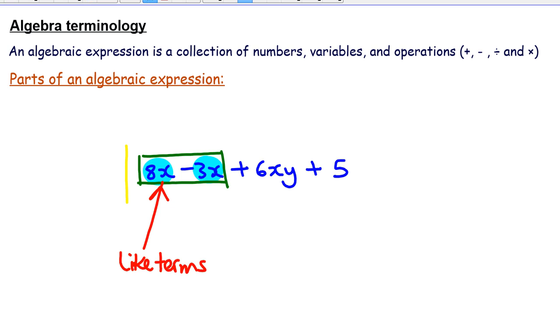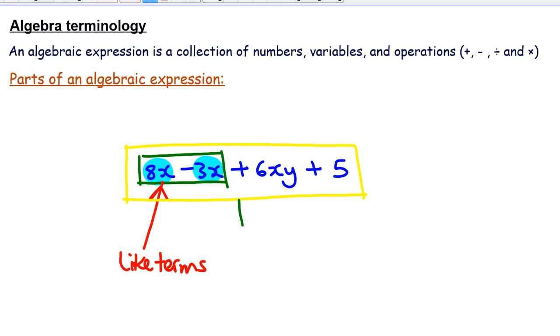Also, the whole of this has a special name, and we call it an algebraic expression.